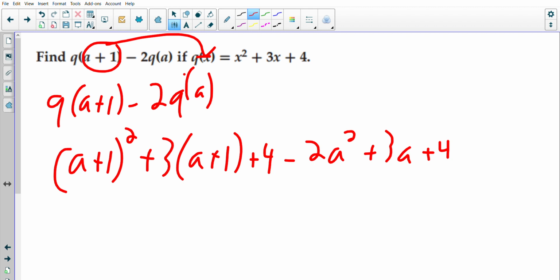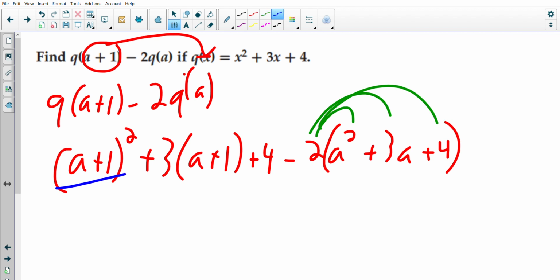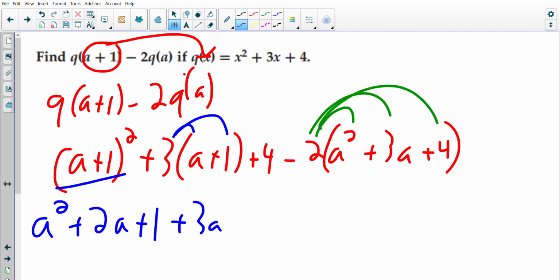The 2 is on the outside, so we have to distribute it onto all of them. In the first part we have to FOIL, so we get a squared plus 2a plus 1. Then we distribute here also, so we get plus 3a plus 3, and we have plus 4, and then minus 2a squared minus 6a minus 8.